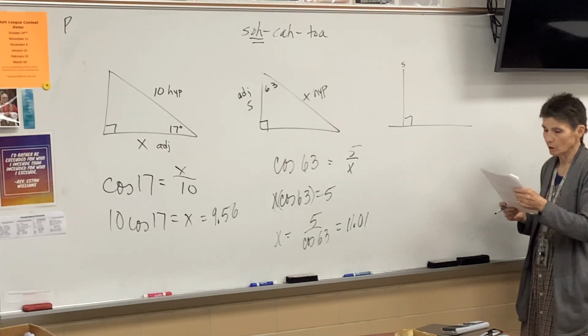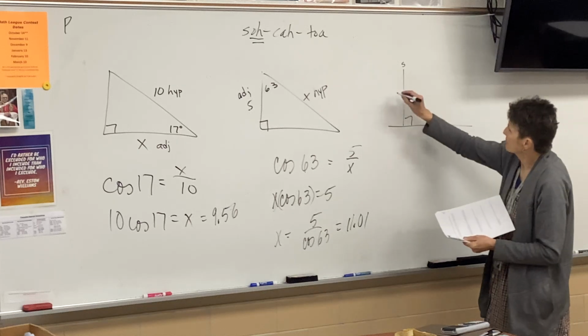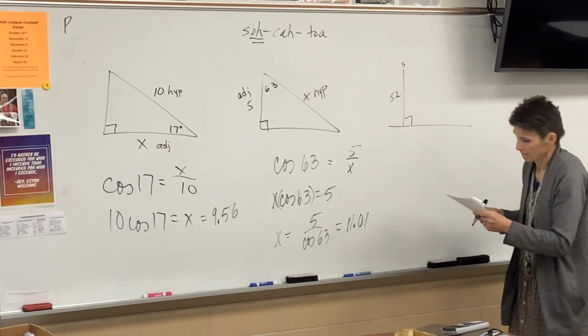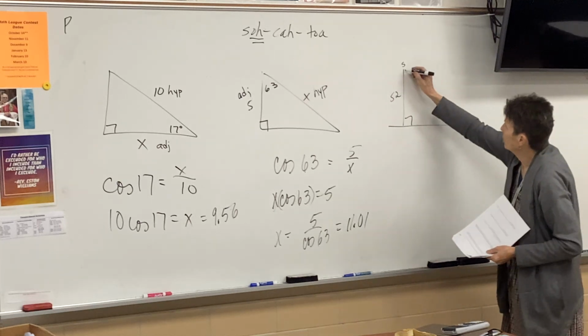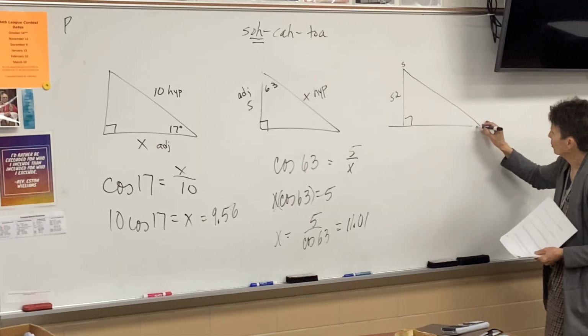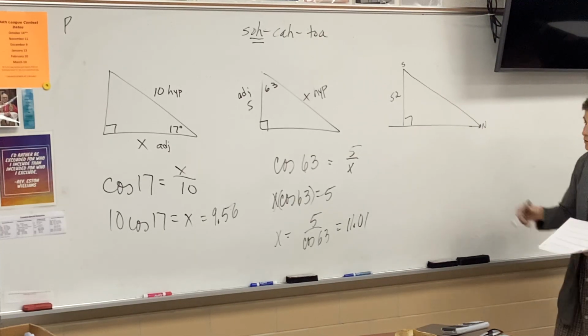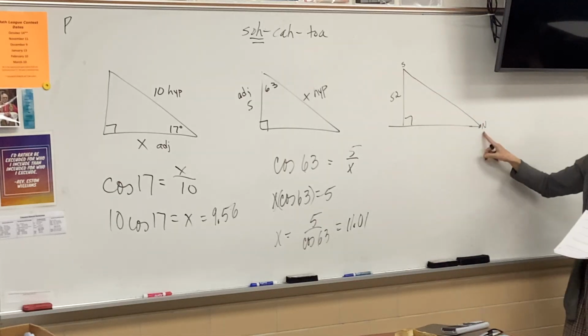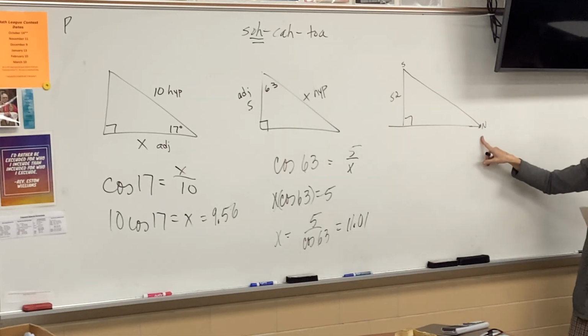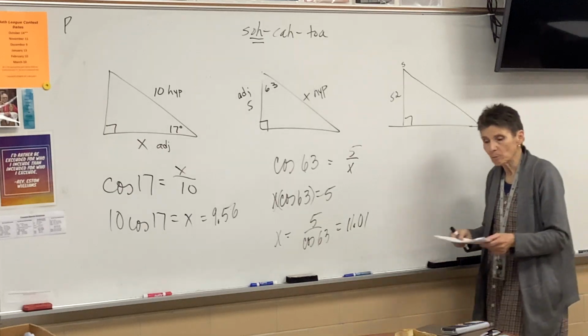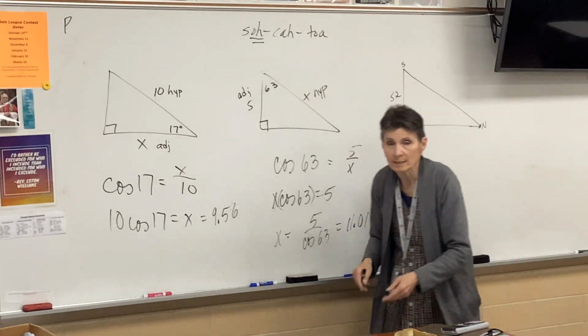Okay, so I got a squirrel up there. The tree is 52 feet tall, and the squirrel is looking at an acorn or something on the ground. So down here is the nut. So the squirrel is up here and he's looking down here at the nut. His angle of depression is 23.